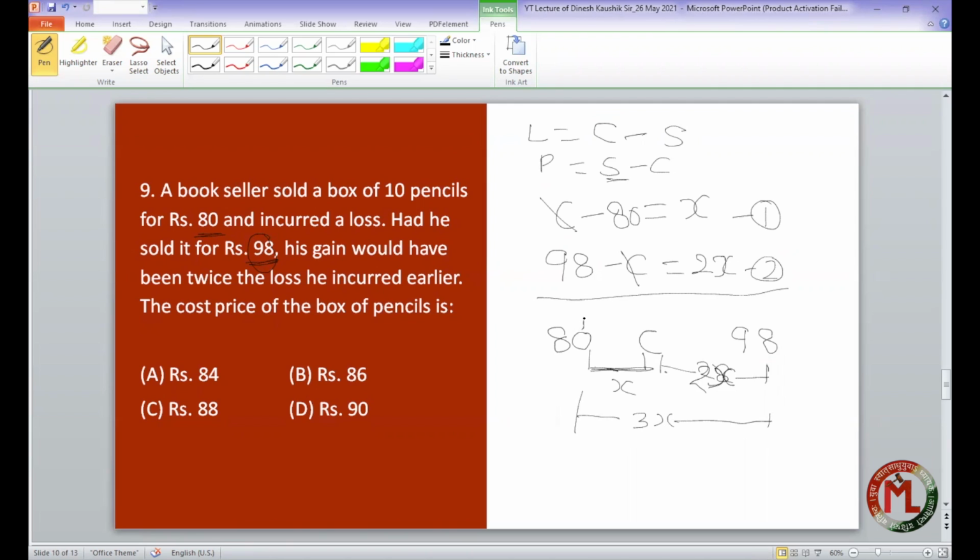And what is the total gap between 80 and 98? This gap is 18. So 3x is equal to 18. X will be equal to 6.